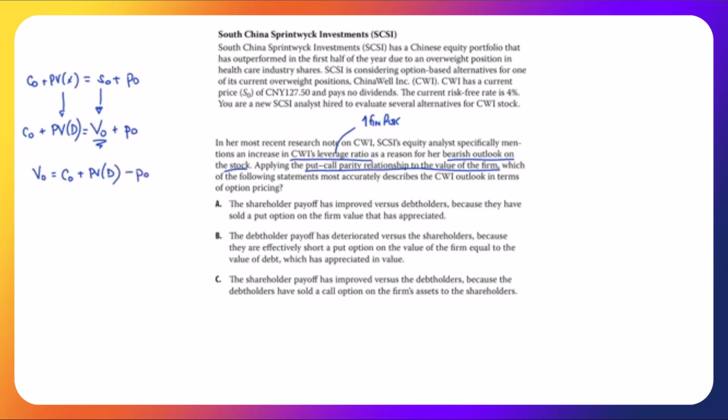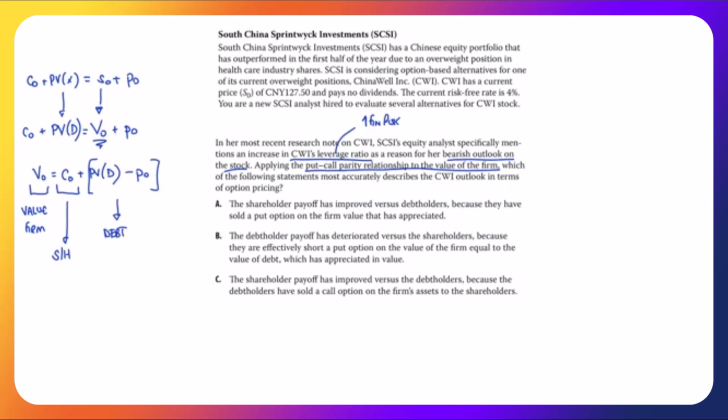We are breaking down the value of the firm into a call option. That is effectively the position of the shareholders. And the present value of the face value of debt minus a put option on the firm value. That is the position of the debt holders.